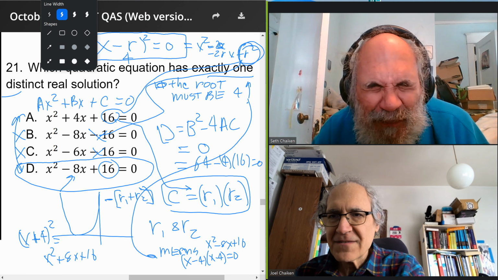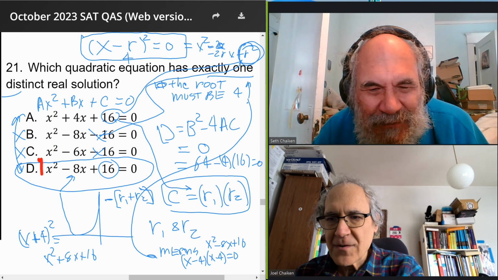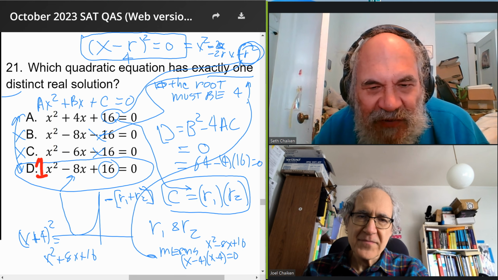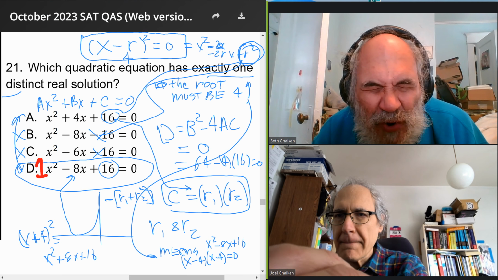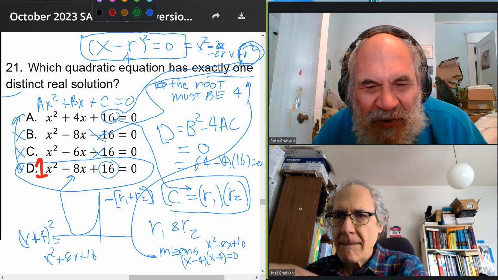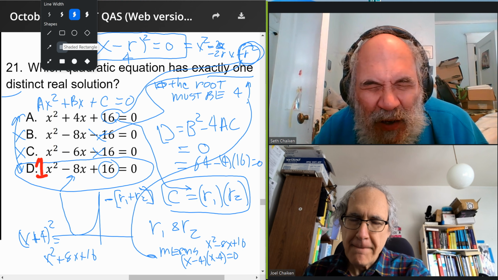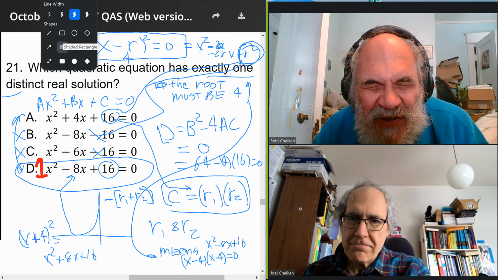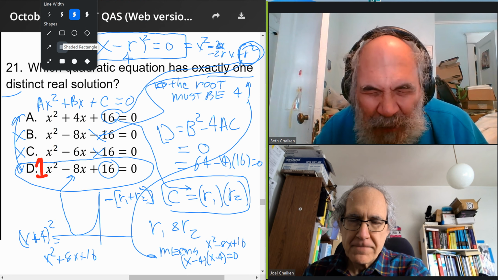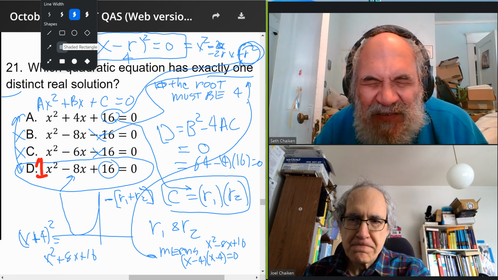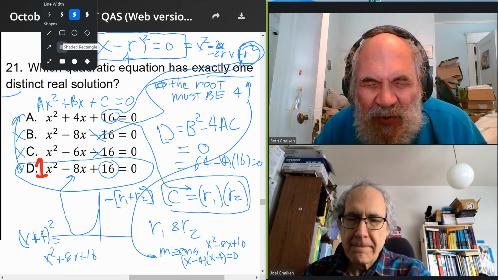Thanks, Seth. That's right. This has to be a 1. But it's always applicable, because when the coefficient of x squared is not 1 and it's not 0, which it must be not 0, otherwise you won't have a quadratic.